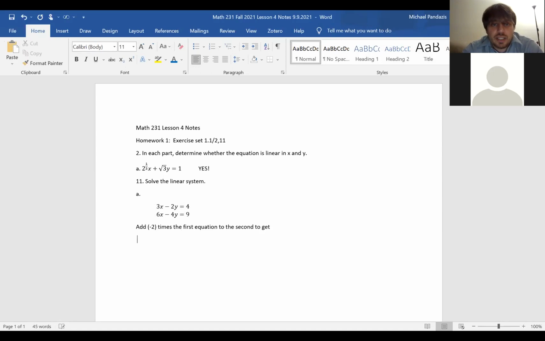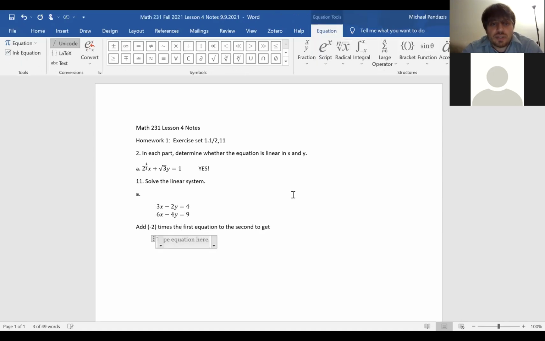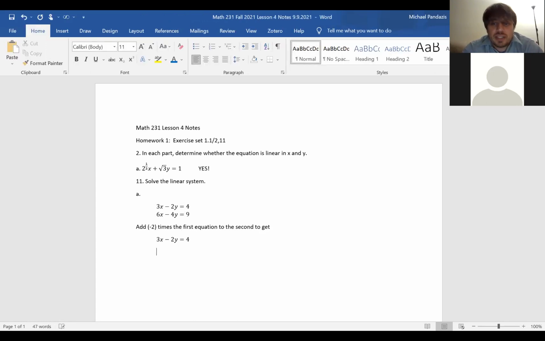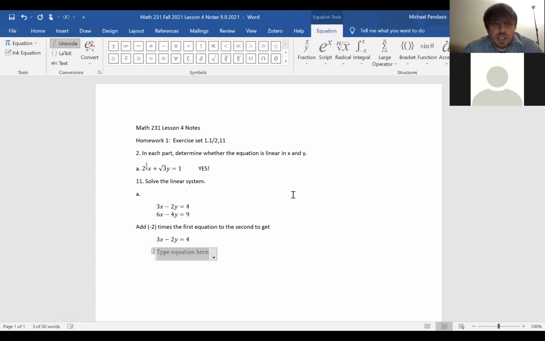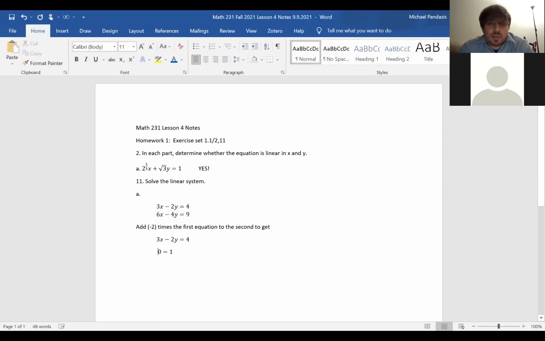Your first equation stays the same: 3x minus 2y is equal to 4. For the second equation, -6x plus 6x cancels. -2 times -2y is 4y, and 4y plus -4y is 0y, so 0 on the left side. Then -2 times 4 is -8, and -8 plus 9 is 1. So you get 0 equals 1 for the second equation.